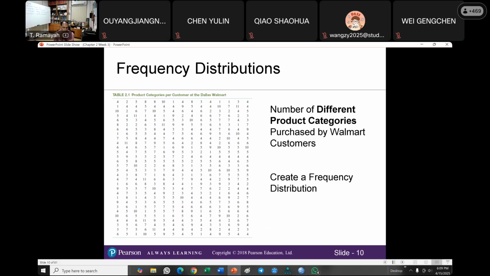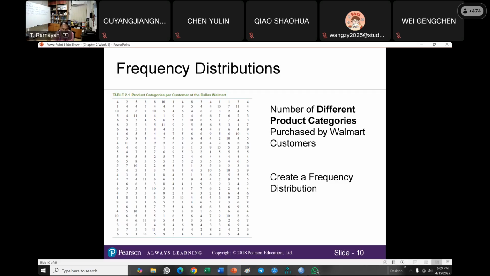So let's say we have here different product categories purchased by Walmart customers. The product categories are numbered, and then we want to know for each product category how many times they were purchased.